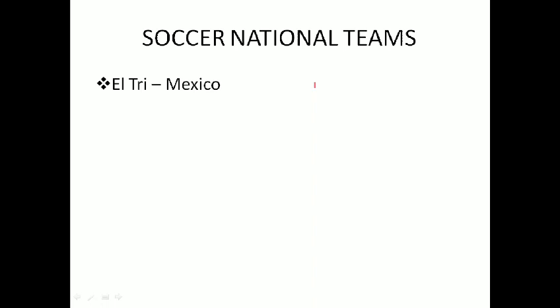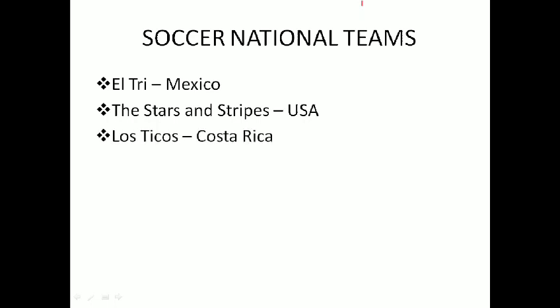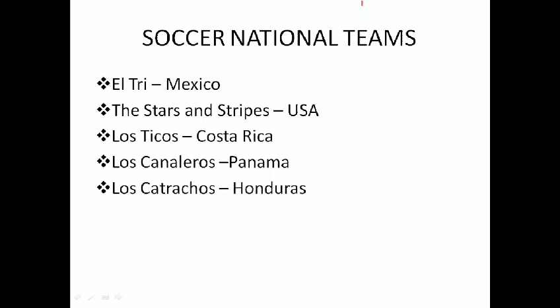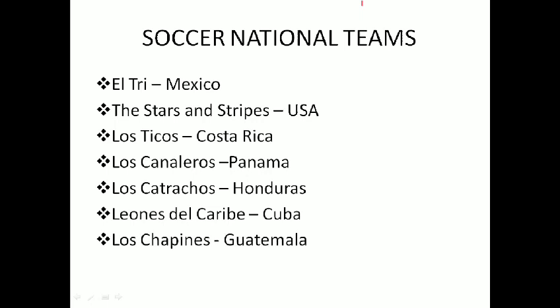El Tri is the national team of Mexico, whereas the Stars and Stripes is the USA, Los Ticos is Costa Rica, Los Canaleros is Panama, Los Catrachos is Honduras, Leones del Caribe is Cuba, and Los Chapines is Guatemala.